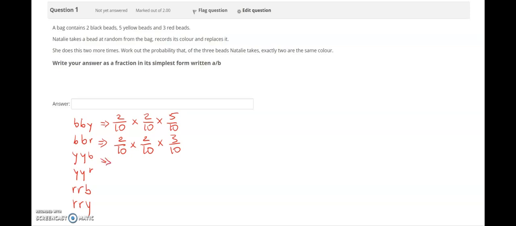We then have yellow 5/10 times 5/10 times 2/10. 5/10 times 5/10 times 3/10.